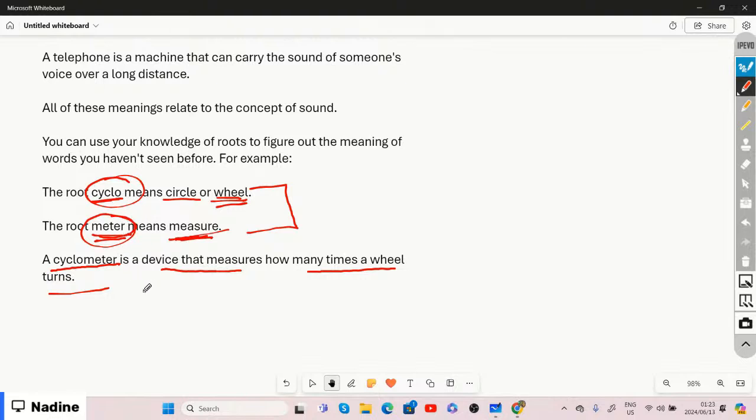Like if we look at the word meter, if we think of kilometers, it measures the distance from one place to the other place, right? That is kilometers. If we look at another word that has meter in it, for example, centimeters.